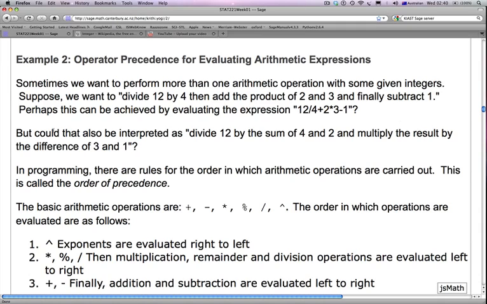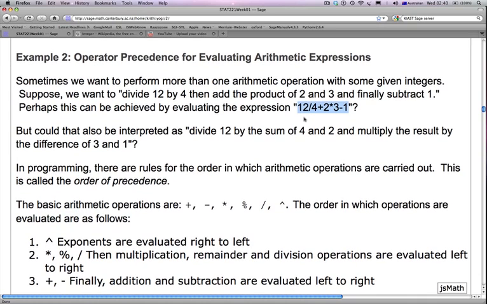Perhaps this can be achieved by evaluating the expression 12 over 4 plus 2 times 3 minus 1, all in these quotation marks. But could that also be interpreted as divide 12 by the sum of 4 and 2 and multiply the result by the difference of 3 and 1?